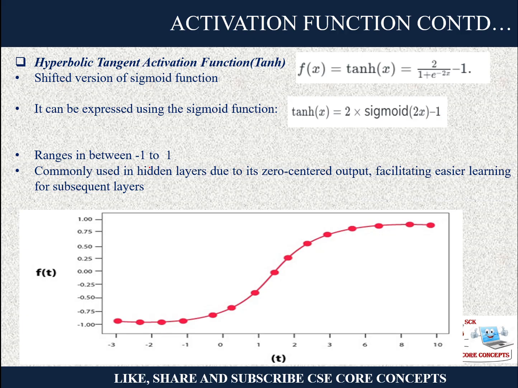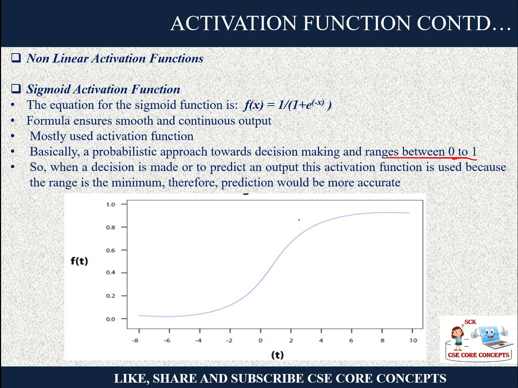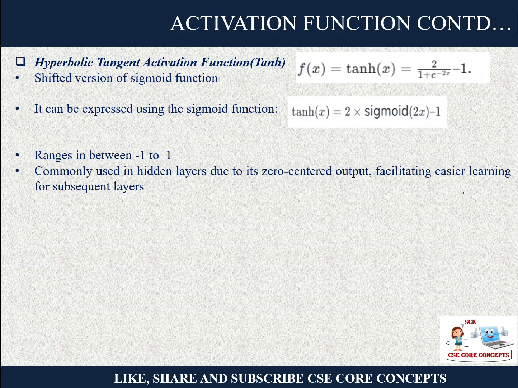So the range of the sigmoid function is between 0 and 1. This is very important for you to understand. Whenever you are performing a binary classification problem, you can go for a sigmoid function. But if you have a multi-class problem, you cannot use a sigmoid activation function.